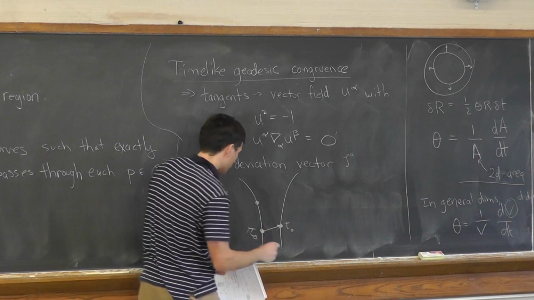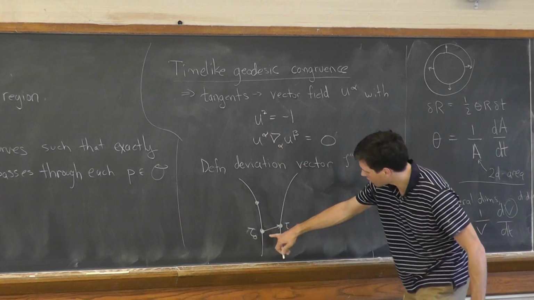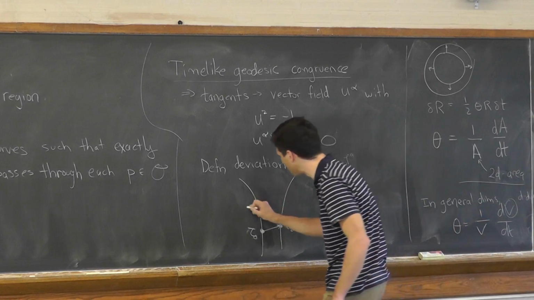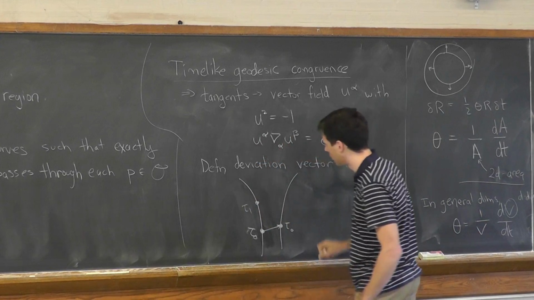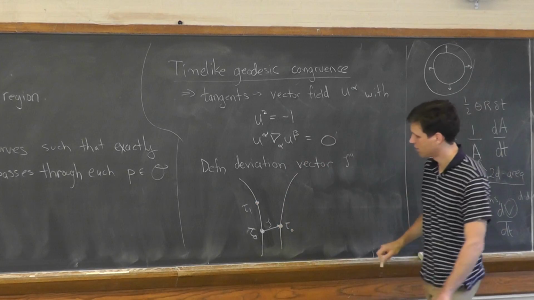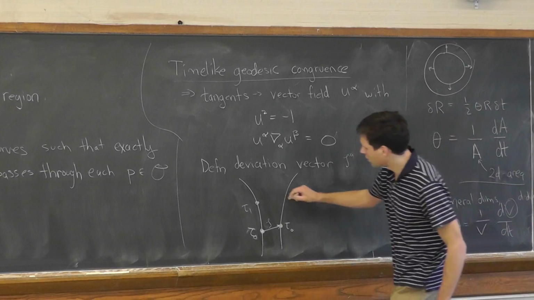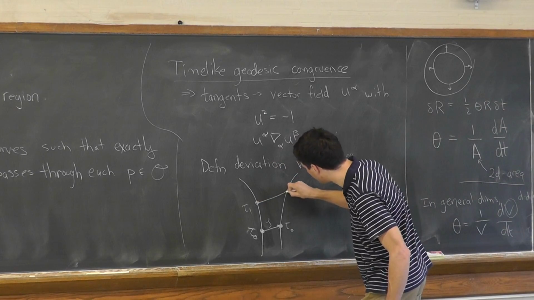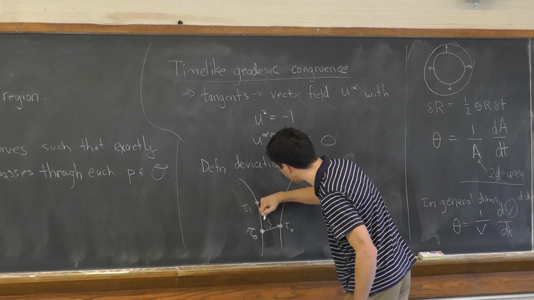Then if you go along your timelike geodesic by some amount of proper time up to τ₁, and so this is the vector ζ. These aren't necessarily parallel.